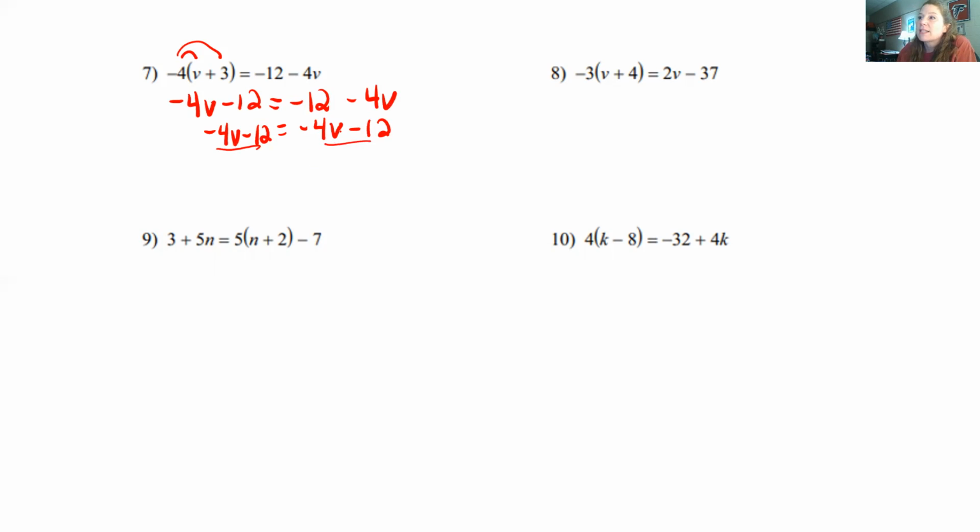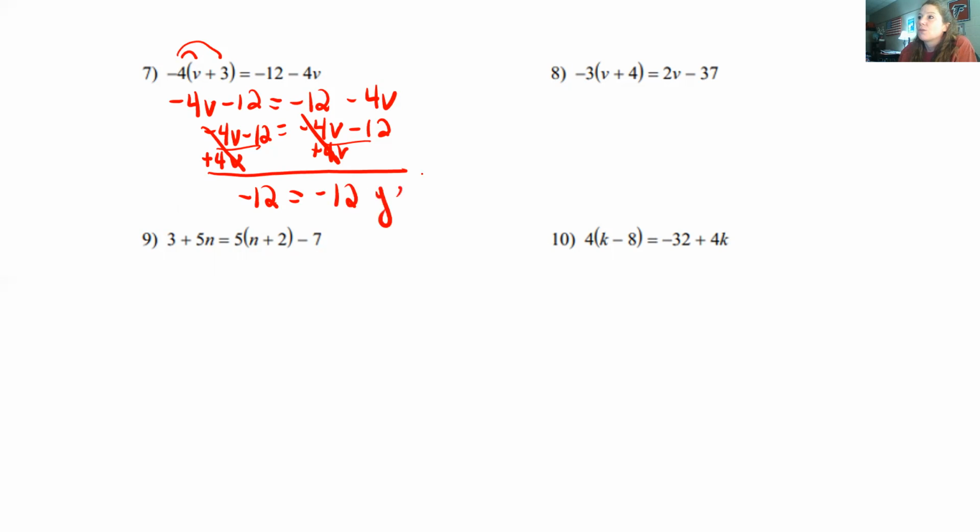That means if I put in any value for that variable, I'm going to always get the same answer on both sides. If I didn't notice that and I said, okay, well, I have v's on both sides, so I'm going to get rid of this -v by adding 4v. Well, what would happen is my variables would both cancel and I would end up with -12 equals -12. Well, is that true?